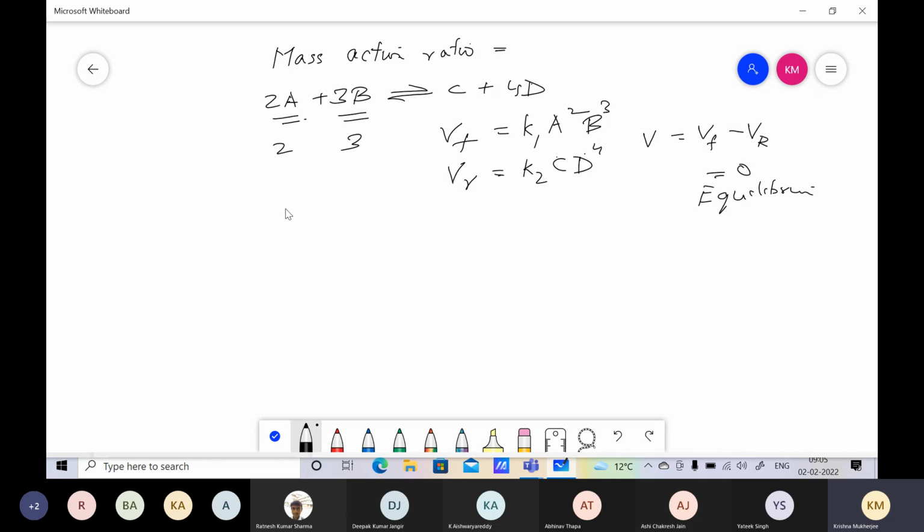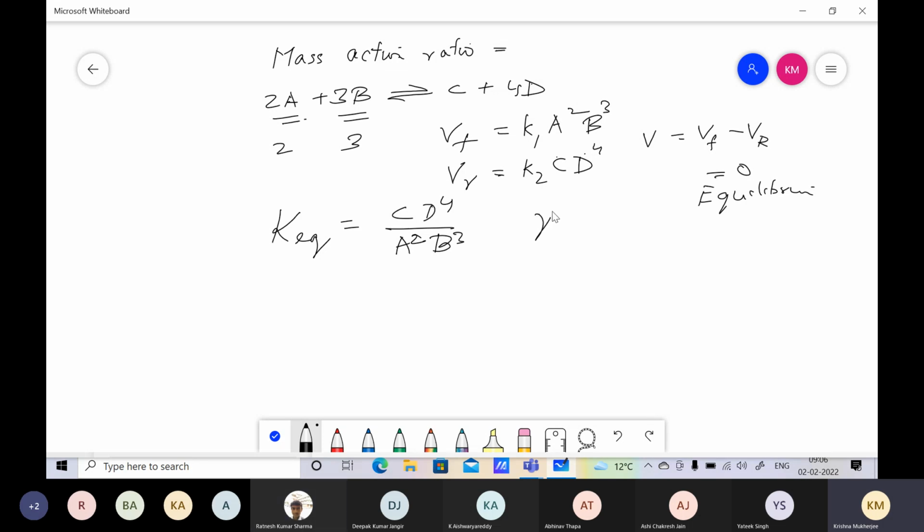Okay, first of all, tell me what is the K equilibrium. That is very obvious. What is K equilibrium? C to the power 1, D to the power 4, divided by A square B cube. This is K equilibrium, and obviously the mass action ratio is obvious from this. What is the mass action ratio?